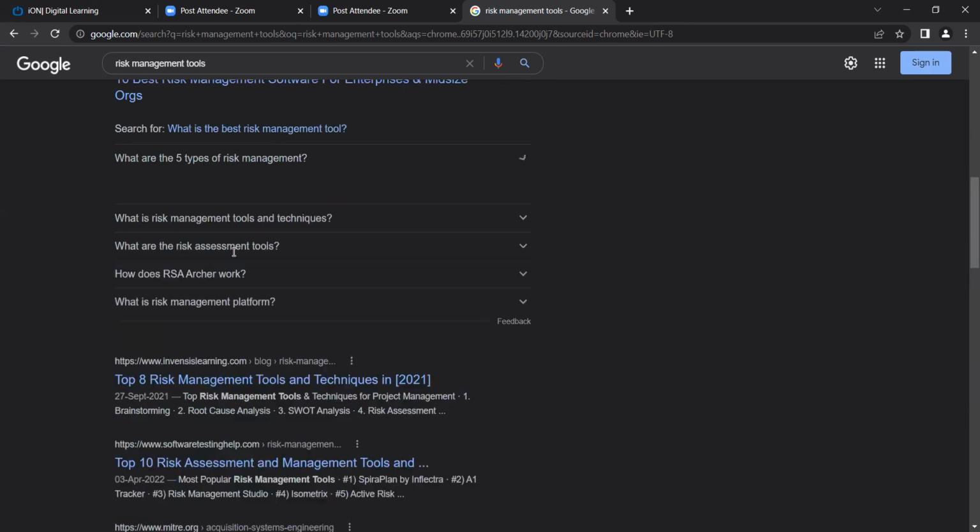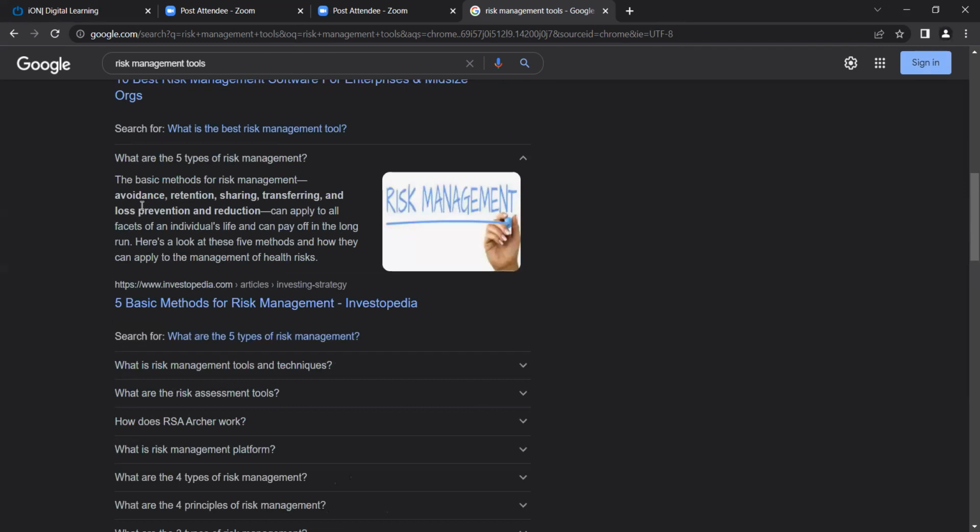So there are 5 types of risk treatment: avoidance, retention, sharing, transferring, and loss prevention and reduction. You can apply all these facets to any individual's life and they can pay off in the long run. Now see, risk is not a very complicated topic. You need to understand your project as a layman, as a client, as a software engineer, as a tester, as an analyzer, as a designer, and just do brainstorming and identify the risk.